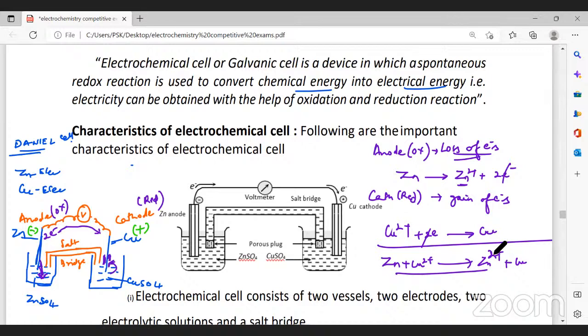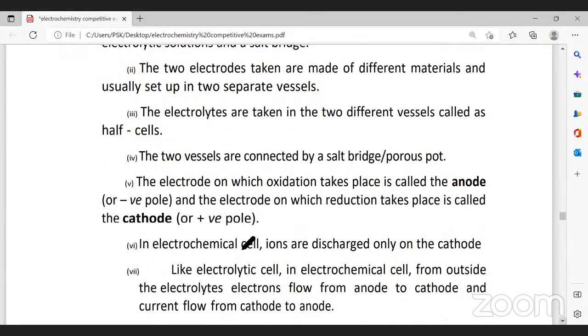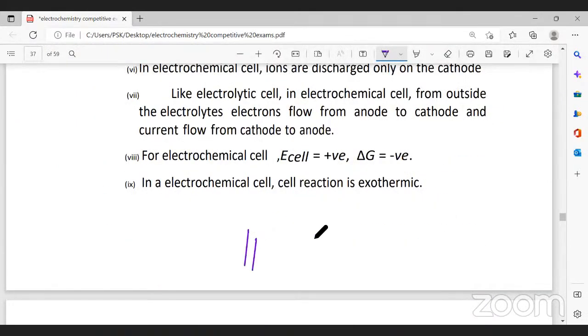Now you have to understand certain things here: cell representation. How do you represent a cell? Before that, we will learn what a salt bridge is. The salt bridge is a bent glass tube.